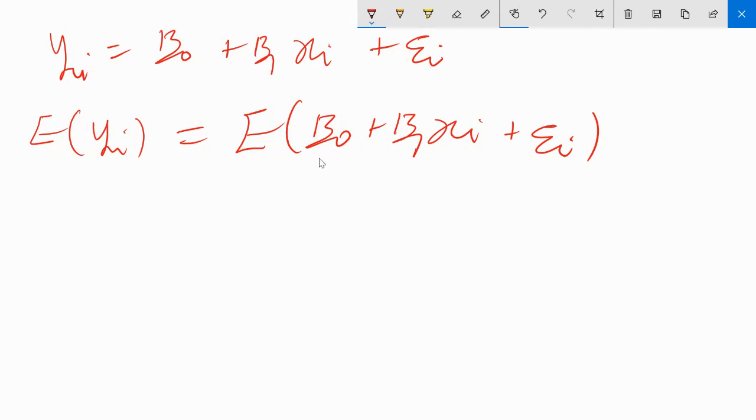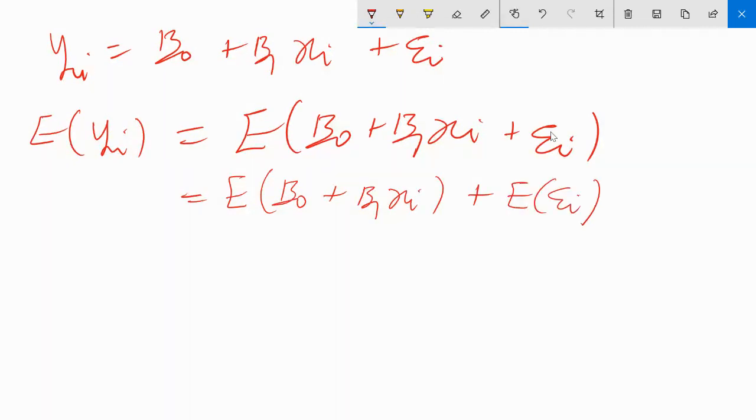So we're going to have the same here because this is a constant plus the error term. So what we're going to have is the expected value of beta 0 plus beta 1 xi plus the expected value of the error term. And the expected value of a constant is a constant. We discussed this yesterday. So the expected value of a constant is a constant plus what is the mean of the errors?